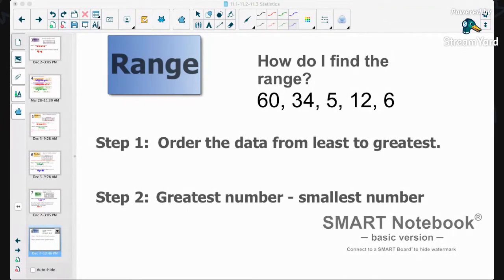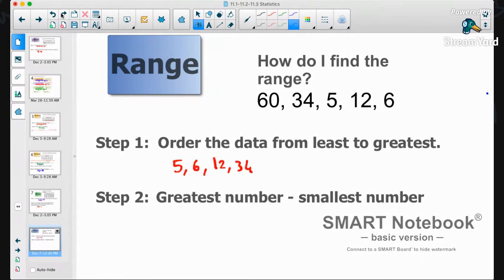To be able to find the range, ladies and gentlemen, we are going to order these data from least to greatest as well. Which one is the least one? Which is 5. After that, 6, then 12, 34, and 16. Then, to find the range, you need to determine which one is the greatest value and which one is the least value.